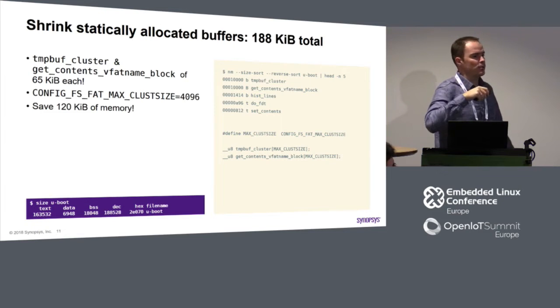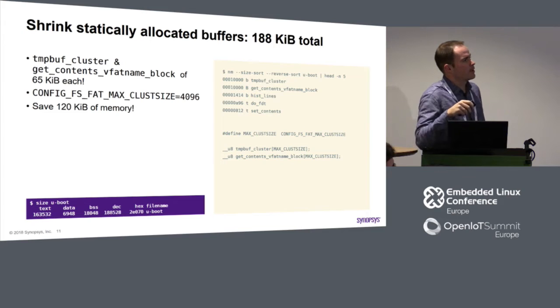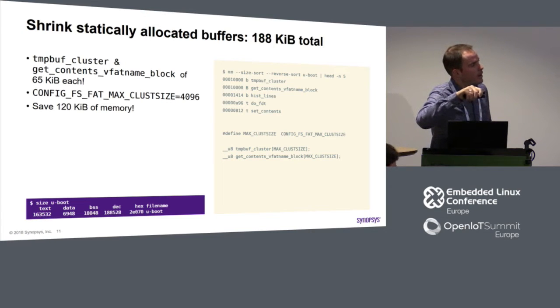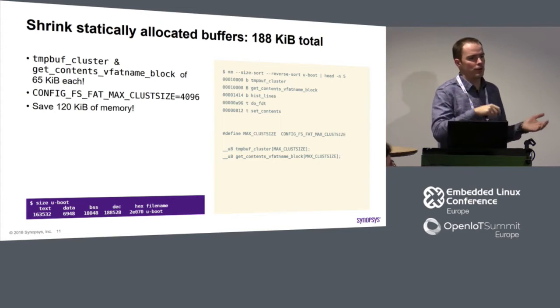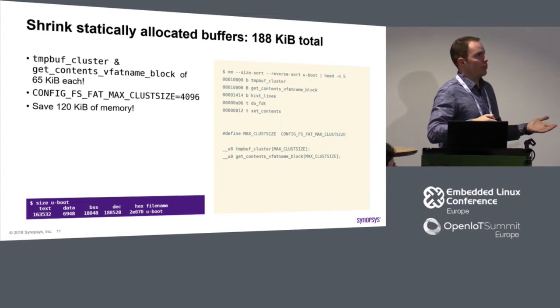Well, that was not very good because I was very limited in memory. So when I started to look at them, I realized, okay, they are of the size of this variable, which is defined, fortunately for me, by another configuration option. So what I did, I went back to the configuration utility, I just set another size, and boom, I was able to save 100 kilobytes.